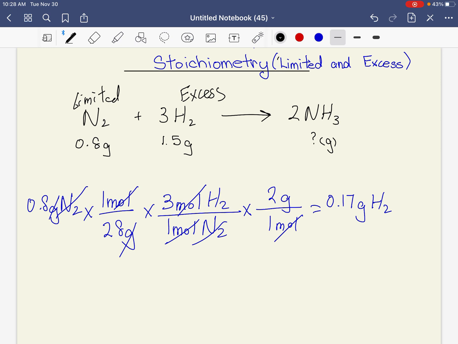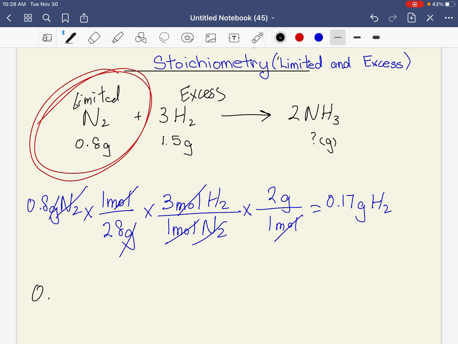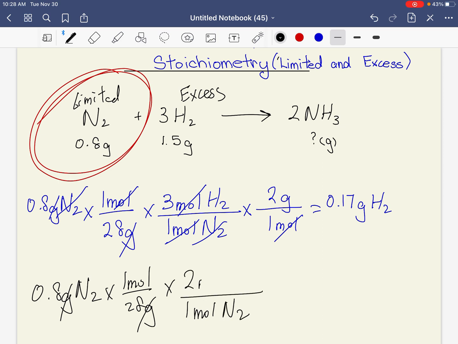Okay, so how do I find NH3? Well, use the limited reagent. So let's do that. 0.8 grams of N2 times 1 mole over 28 grams. Grams cancel. So for every mole of N2, you're going to make 2 moles of NH3. Moles cancel. N2 cancels.